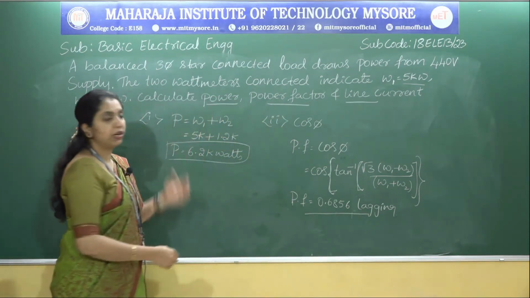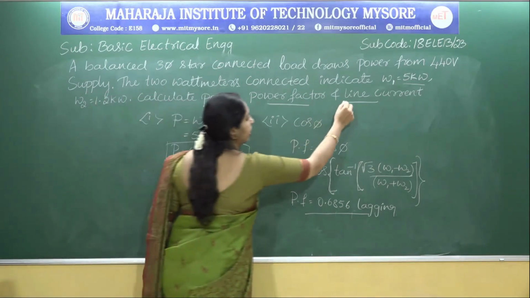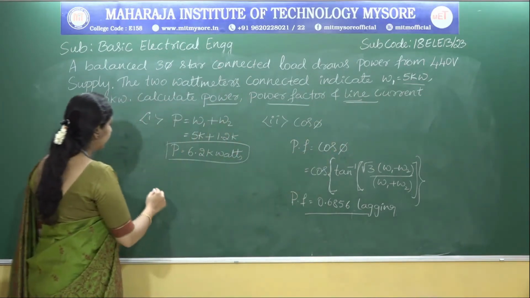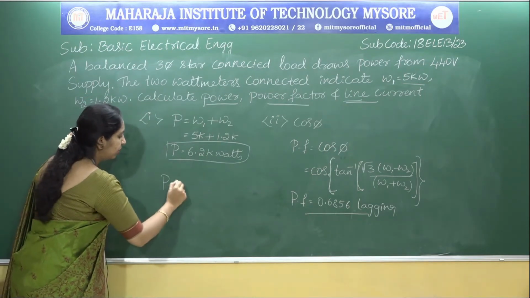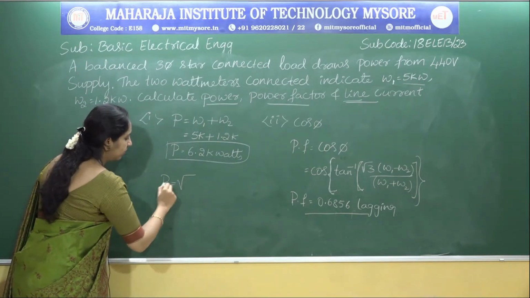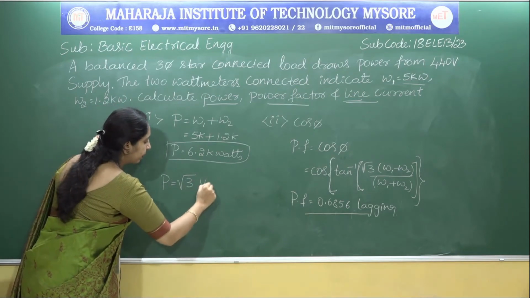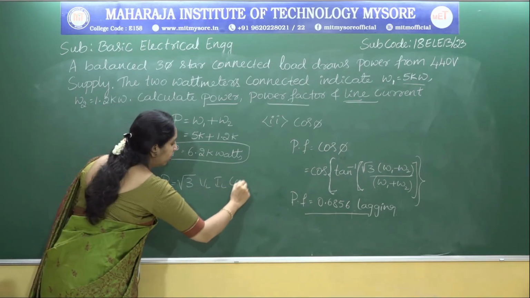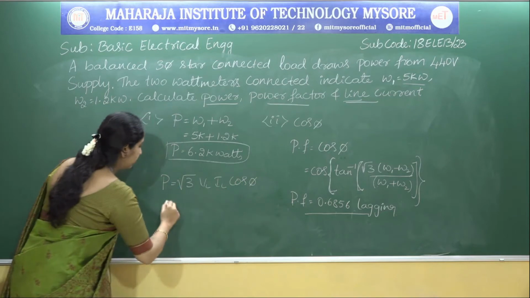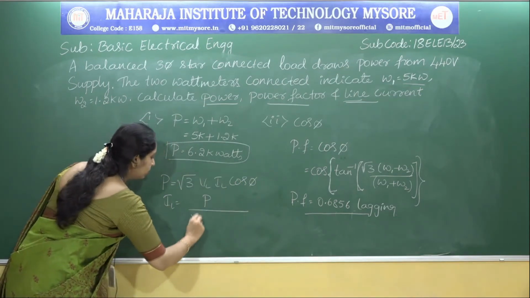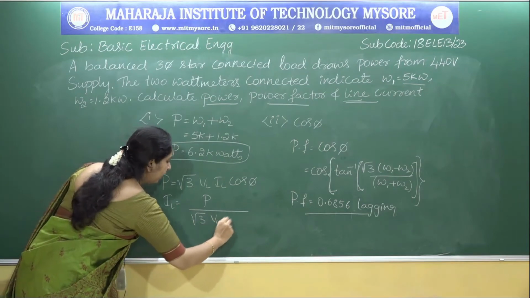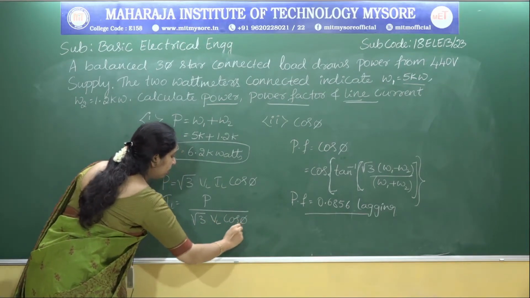The next part is we need to find out the line current. To find the line current, we use the power equation which we have already derived, that is power is equal to root 3 VL IL cos phi. So IL is equal to P divided by root 3 VL cos phi.